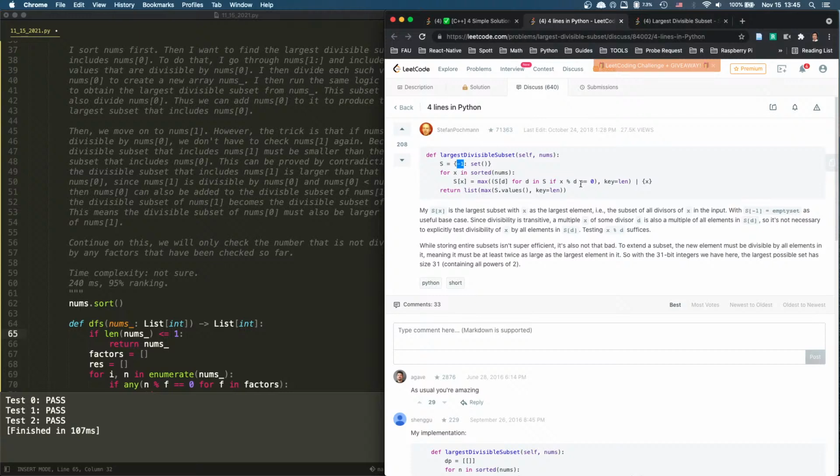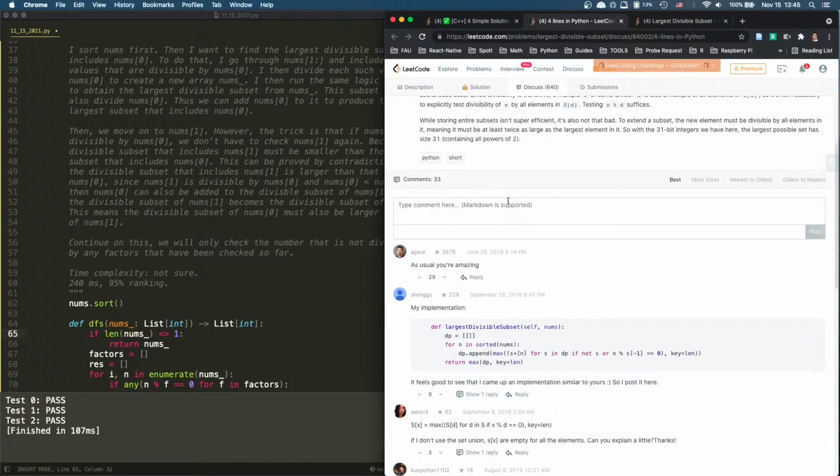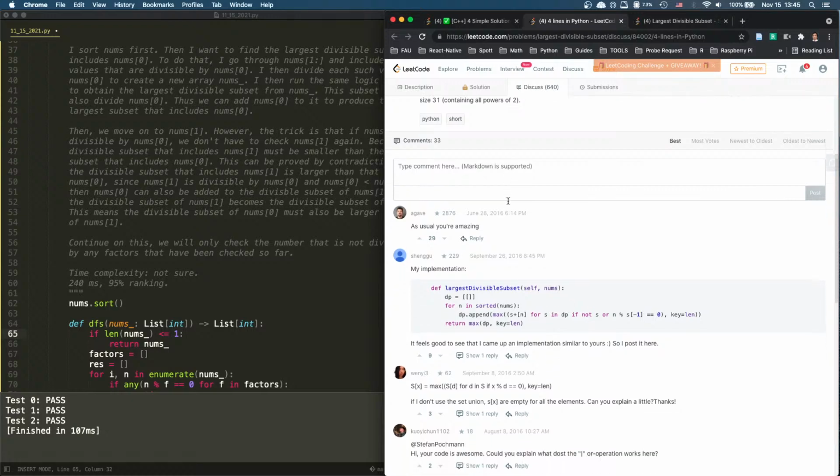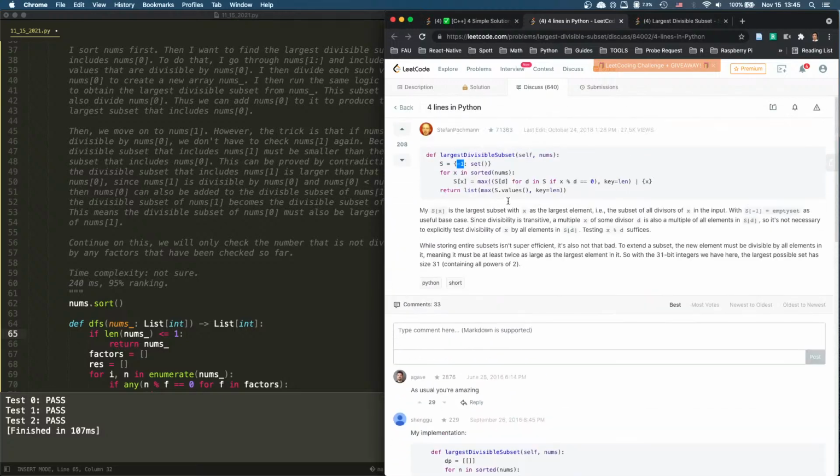If it's divisible, then the now largest factor will equal the maximum of this or the current one. That'll be the new one. Oh, so good. So good. Man, how fast is this one? Wow, this one's amazing. Amazing.